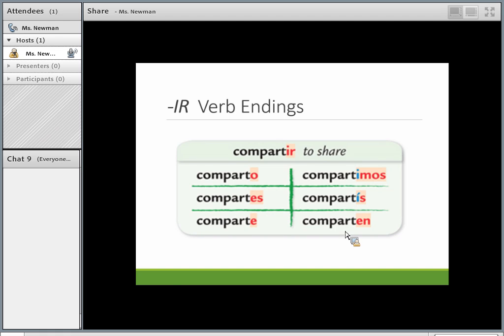So if you were asked what comparten means, it means they share. Ellos comparten. Or you guys share. Ustedes comparten. If you saw compartimos, it doesn't just mean share. It means we share. Same thing over here, comparto means I share. It doesn't just mean share.